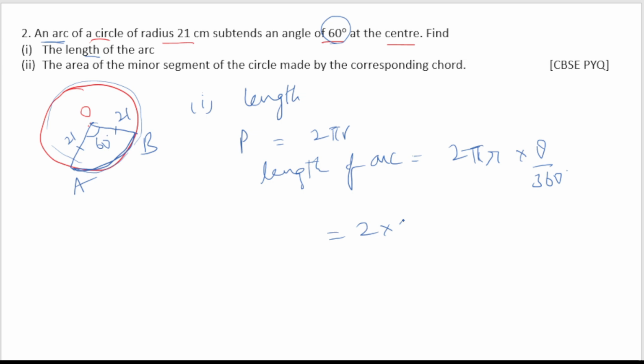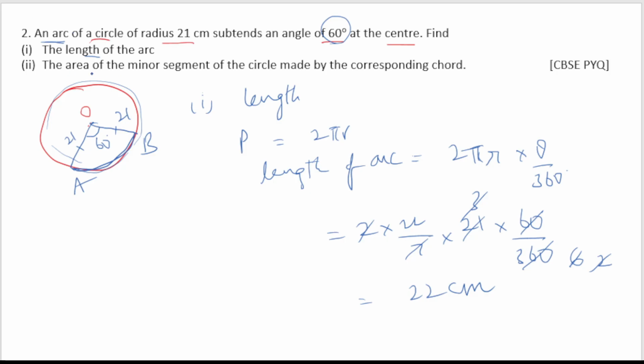So here 2 into 22 by 7 into radius 21 into 60 divided by 360. Okay, 60 into 6 here, 7 into 3. Okay, 3 into 2 here, 2 and 2 will be cancelled. So the length of the arc is 22 centimeters.